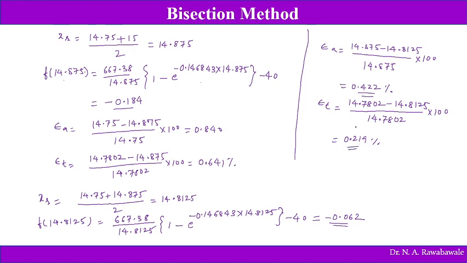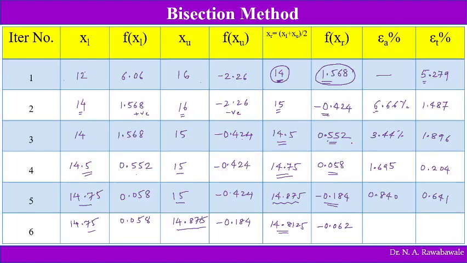So now approximate error we write in this table. Approximate error is 0.422 and true error is 0.219. So both error values have fallen below 0.5%.